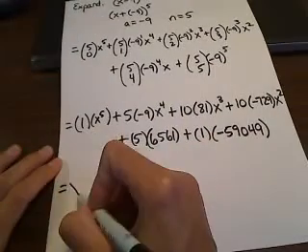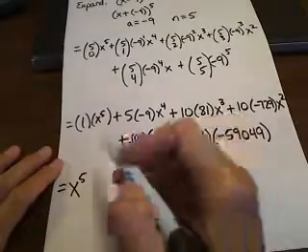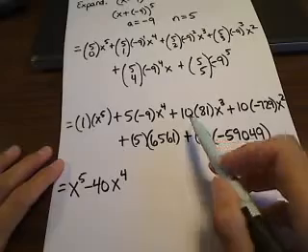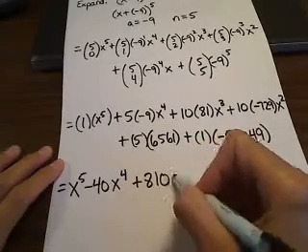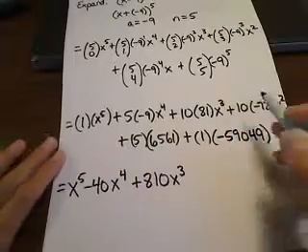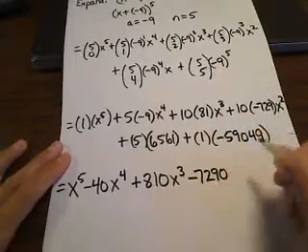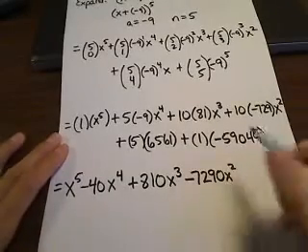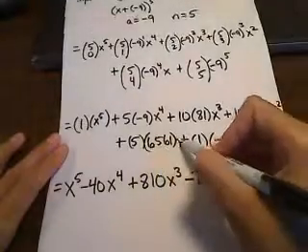Okay, so let's just simplify this. This is going to be x^5 from that right there. And 5 times -9, that's -45, x^4. 10 times the 81, that's 810, x^3. 10 times the -729, that's -7,290, x^2. Oops, I forgot an x right here. This one should have an x on the end.